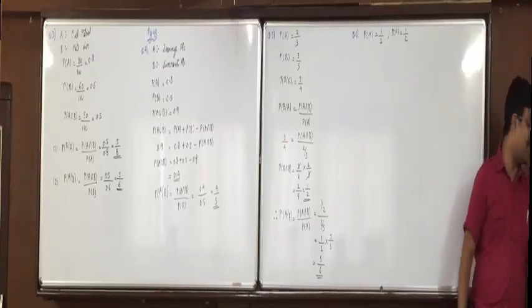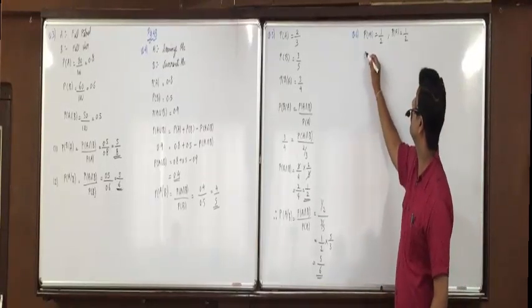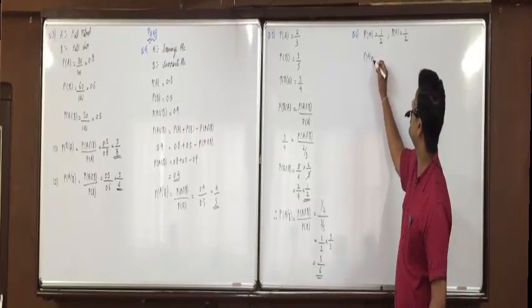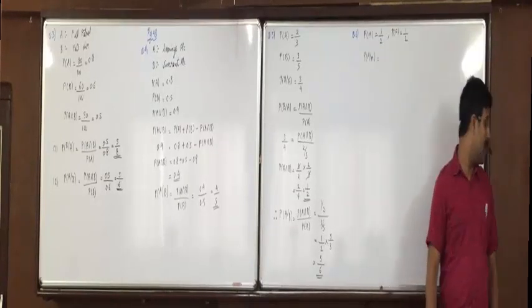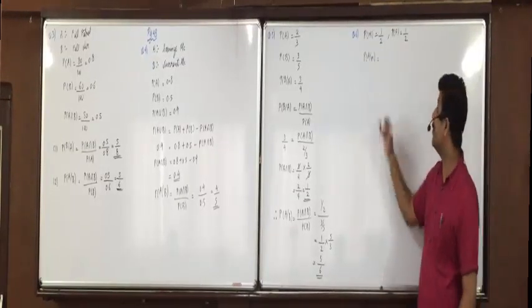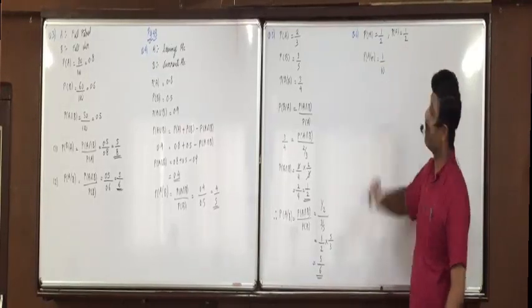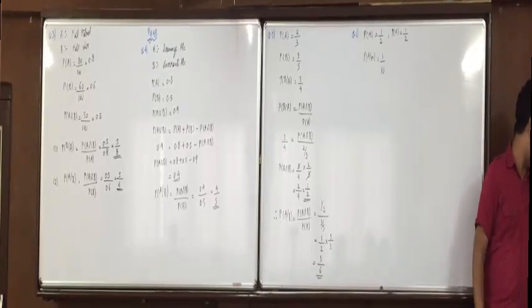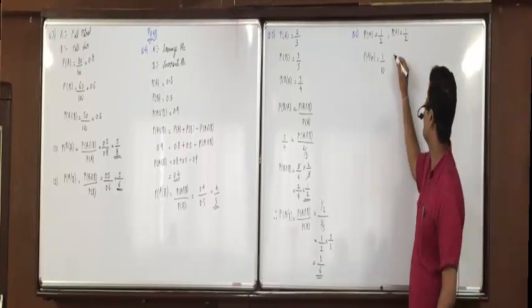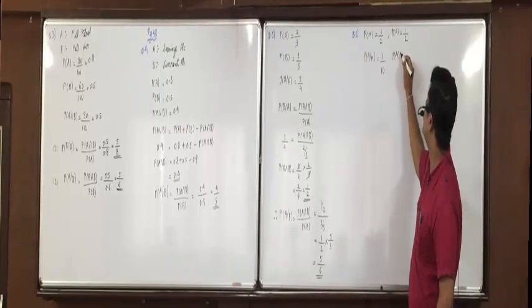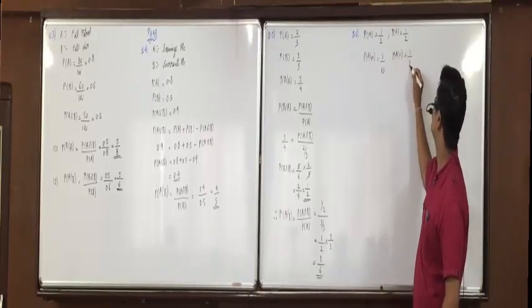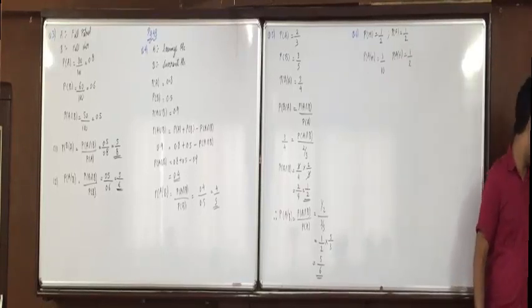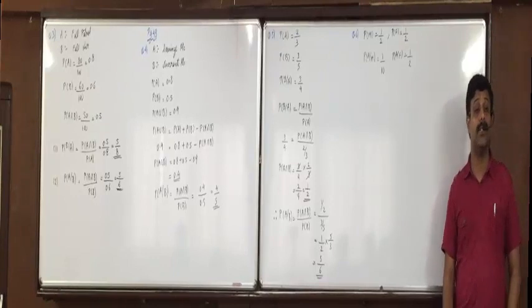Now PA slash M is given as 1 by 10, and PA slash F is again given as 1 by 2. For events A, M and F, find A intersection M and A intersection F.